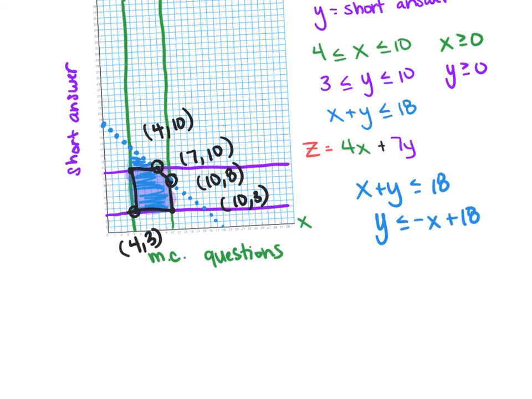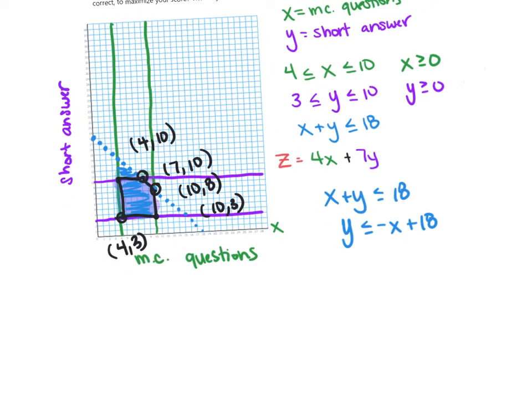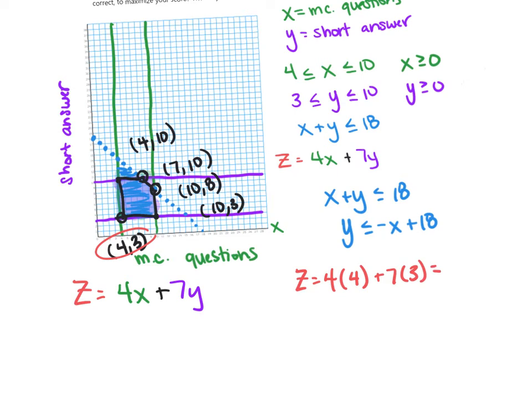So we need to maximize our Z function, our objective function, which is 4x plus 7y. Taking the points, let's start with 4, 3 first. Z is equal to 4 times 4 plus 7 times 3. It's a total score of 16 plus 21, which is 37.